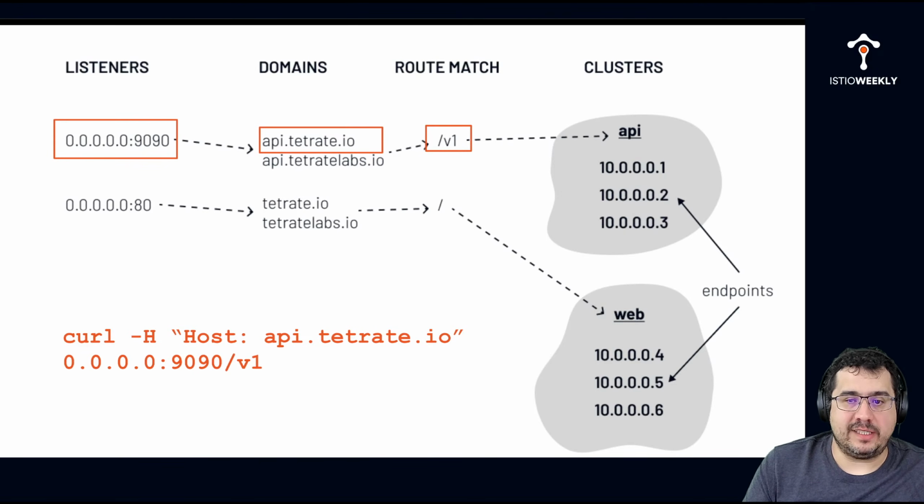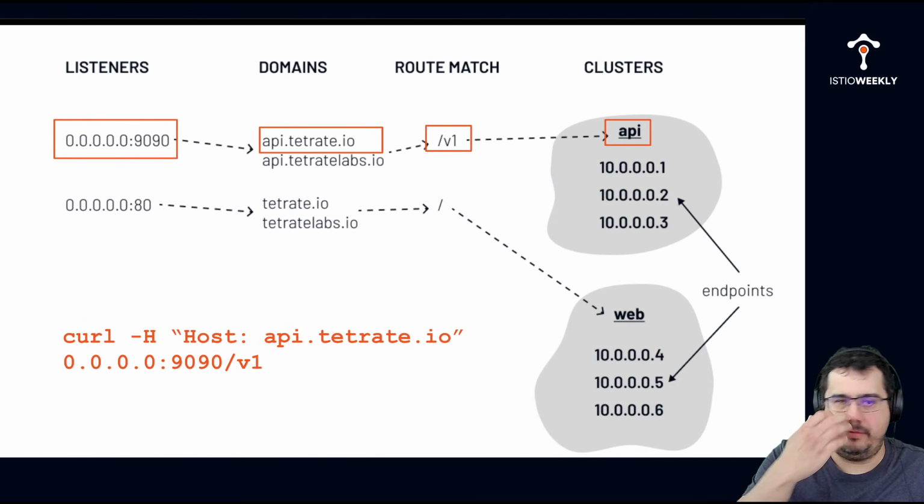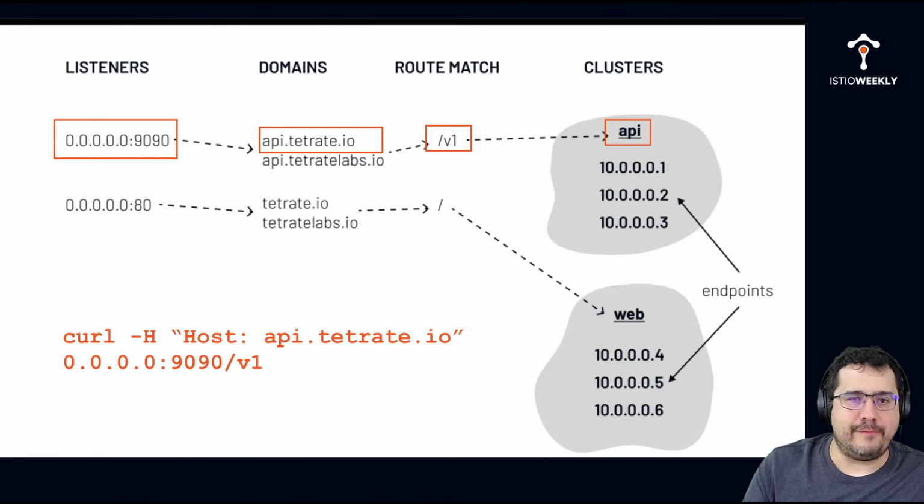Based on that route selection, in the route, we also define a cluster that matches that route and domain combination, and we select a cluster called an API cluster that has a set of, in this case, 3 endpoints, and then requests that came in will be sent based on the load balancing policies and rules defined in the API cluster to one of those 3 endpoints.